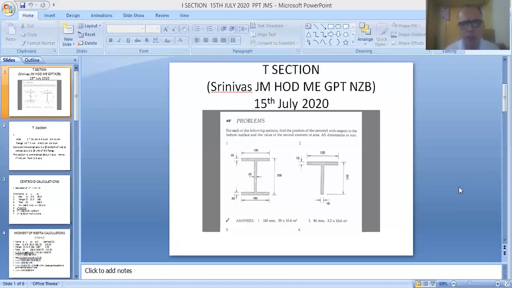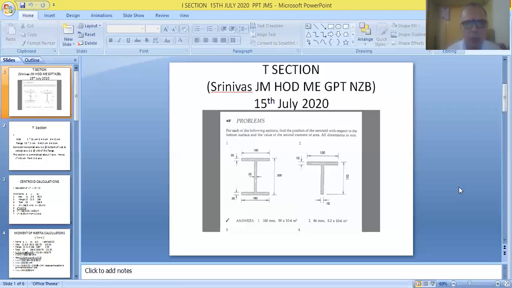Both the sections have one vertical component, called the web of the section. But the T section has only one horizontal component, simply referred to as the flange of the section, whereas the I section has two horizontal components, one placed above the web and the other placed below the web.